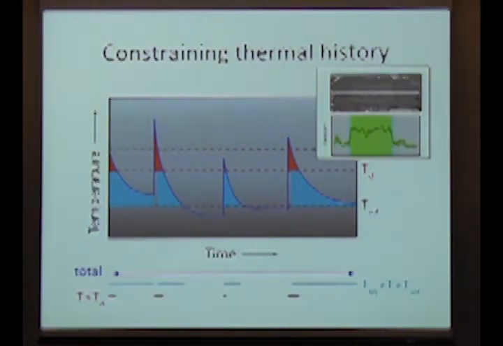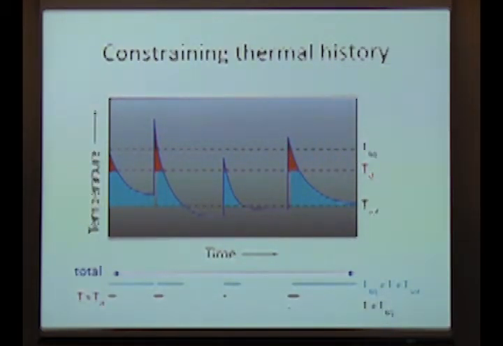So if you have initial disequilibrium, which is very common, you can constrain how much time it spent above a certain temperature window. And then finally, the fact that we have these crystals at all means they didn't spend a lot of time above the liquidus dissolving, so knowing dissolution rates, we can calculate how long it could have spent at extremely high temperatures.